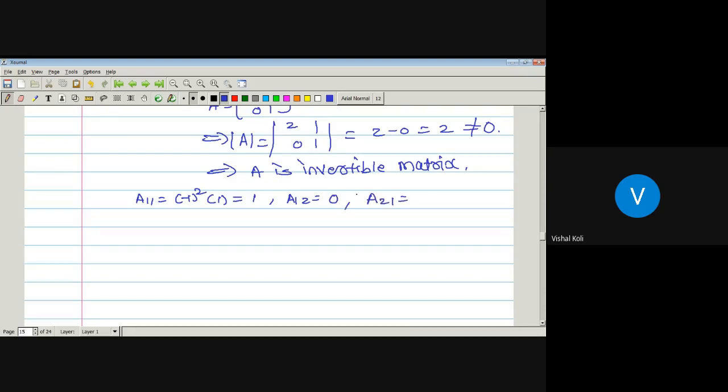A21 is equal to minus 1 to the power 3, which is minus 1, into 1, which is minus 1, and A22 is equal to minus 1 to the power 2 plus 2, which is 1, and its minor will be 2. So the cofactor matrix is 1 0 minus 1 2.